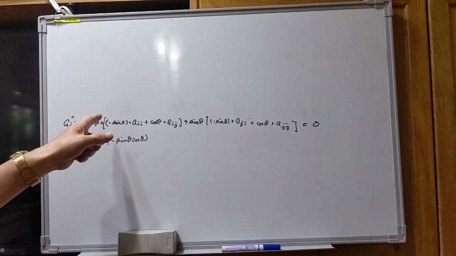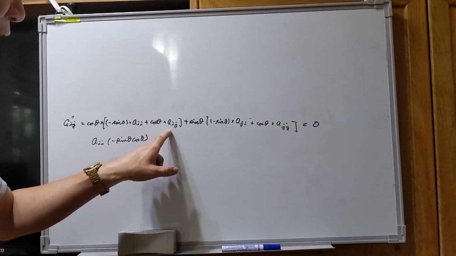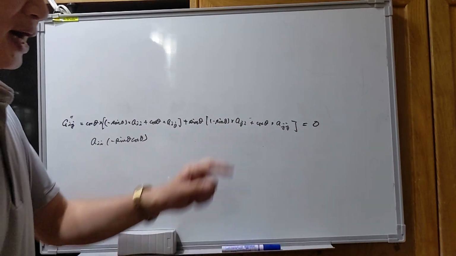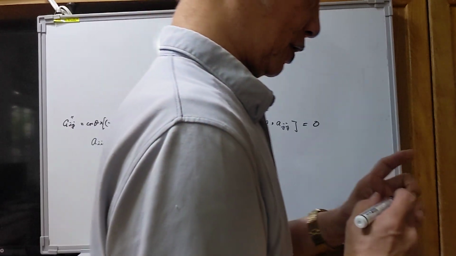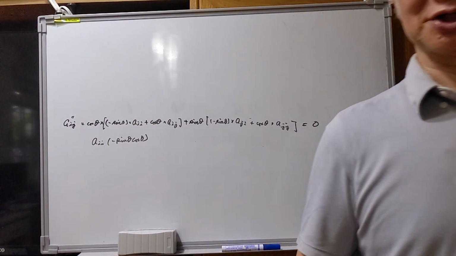Aii, negative sine theta and cosine theta. And also remember Aij is equal to Aji, since we have assumed the A matrix is a symmetric matrix.